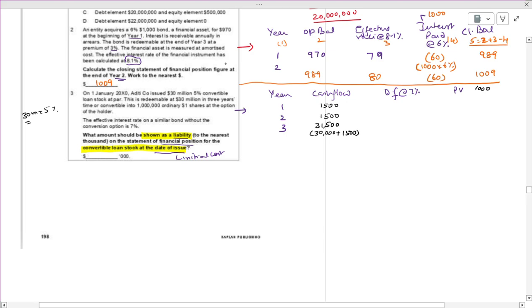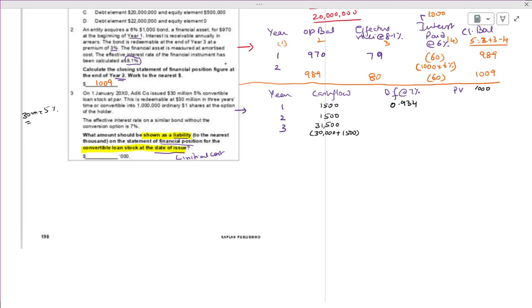Yes. Now, how do we calculate the discount factor? Check 1 divided by 1.07. How much is there? 0.934. Don't cancel that value.